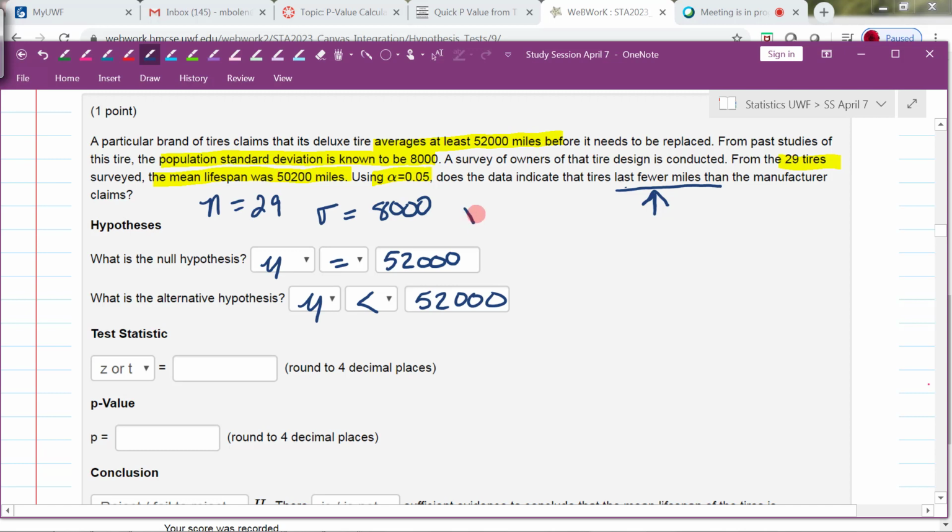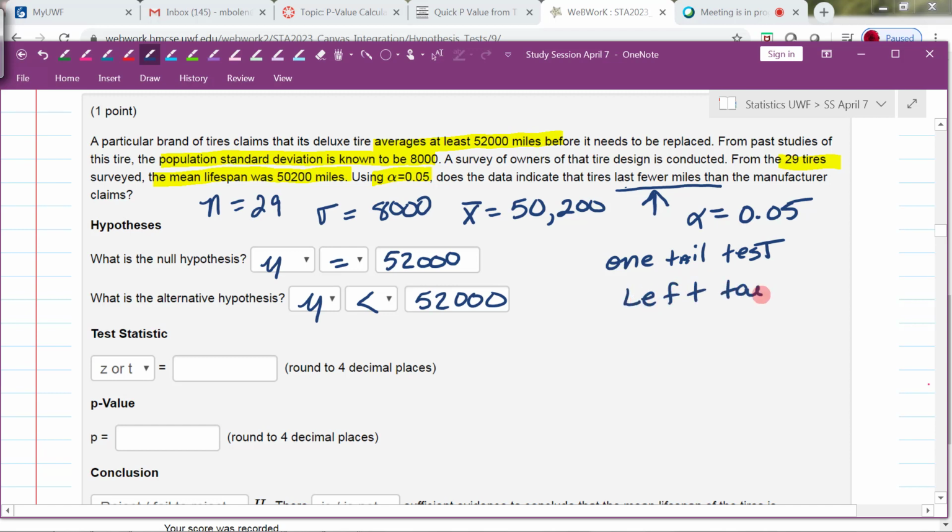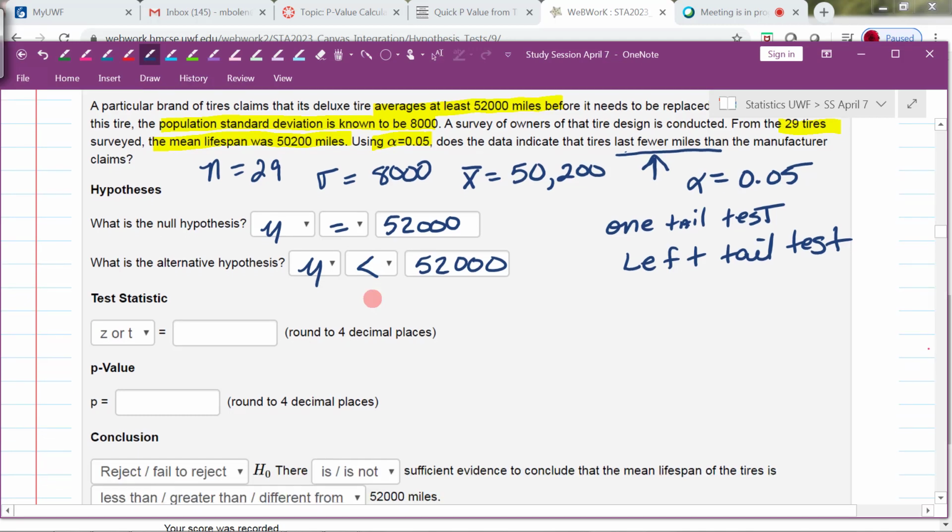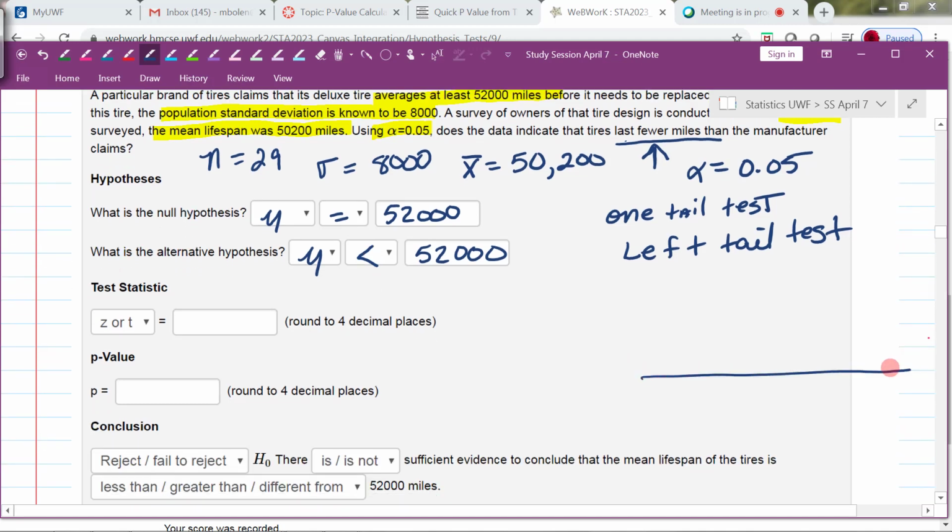X bar is equal to 50,200, and alpha is 0.05. It is a one-tail test, and it is a left tail test. And I know that because the inequality is pointing to the left. Okay, so draw our picture, and it's going to look something like this.